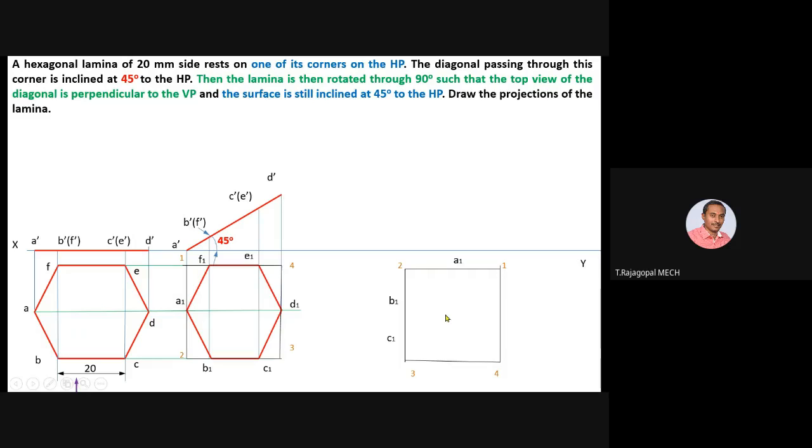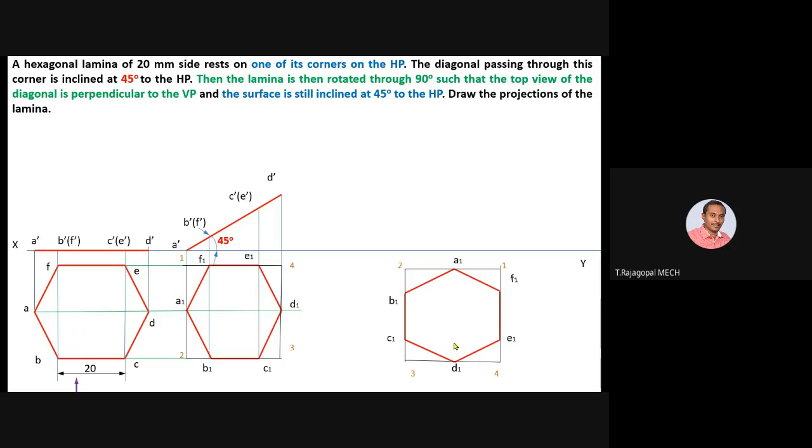In between 3 and 4 I am having D1. In between 4 and 1, E1 and F1. Now all the corners of the hexagon are marked. Join all the sides: A1 B1, B1 C1, C1 D1, D1 E1, E1 F1, F1 A1.